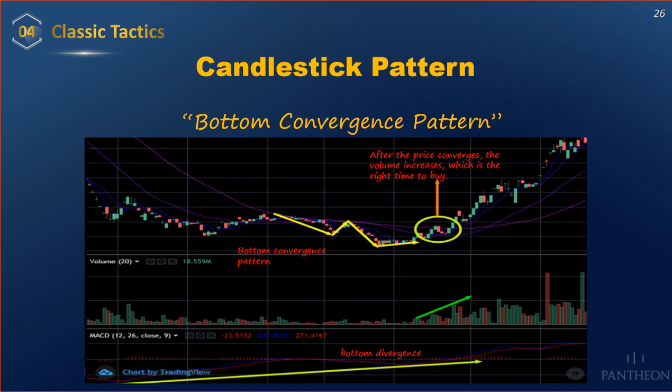So if the price moves further away from the moving average, and there is a significant increase in trading volume, you can see that the volume from here, which is so low, suddenly increased so much, we can consider buying a small portion.